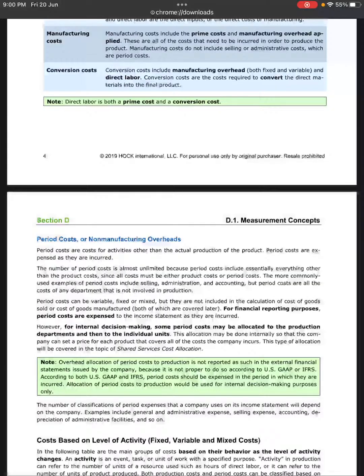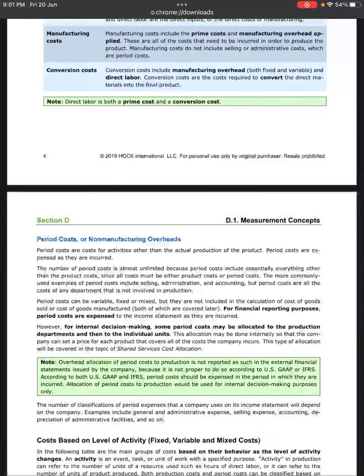The more commonly used examples of period cost are selling, admin expenses, and accounting. Period costs are all costs of any department that is not involved in production.